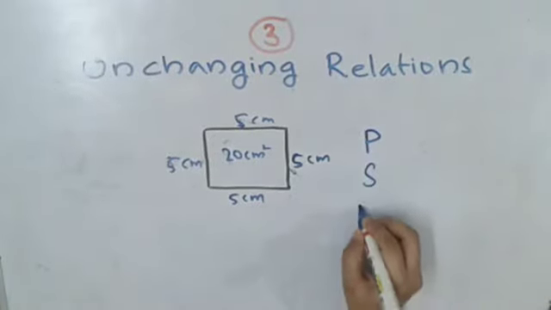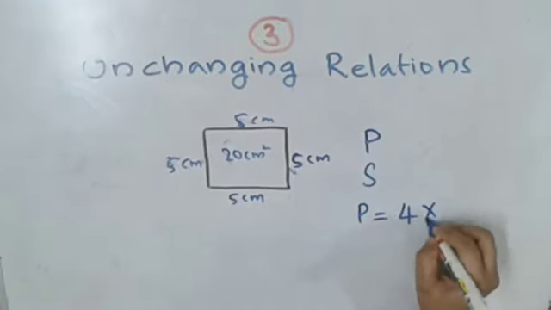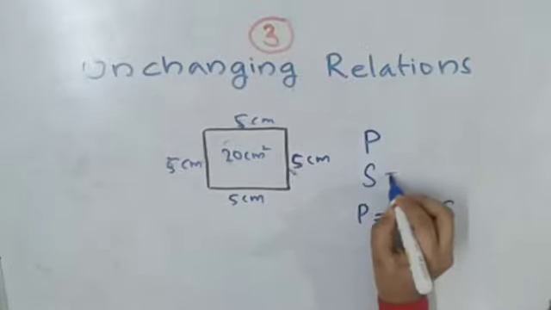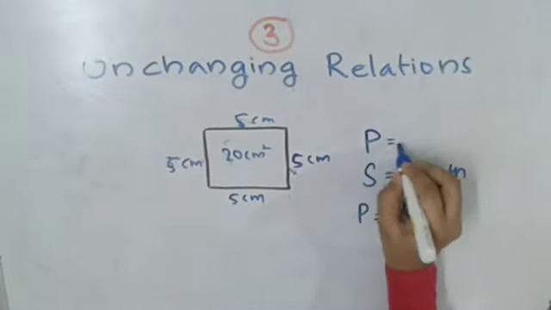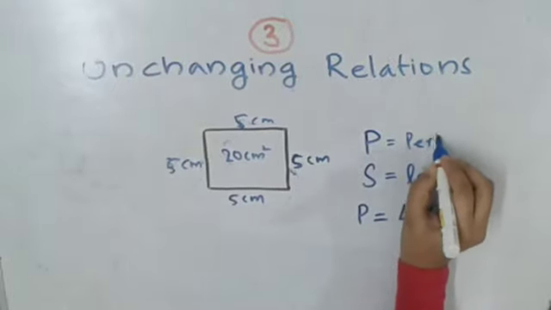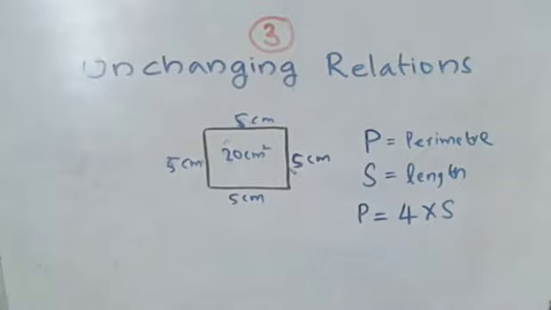That is, perimeter P is equal to 4 into S. S is the length and P is the perimeter. Right? Okay, we can write like this: P is equal to 4 into S.